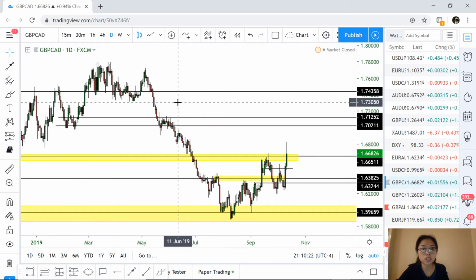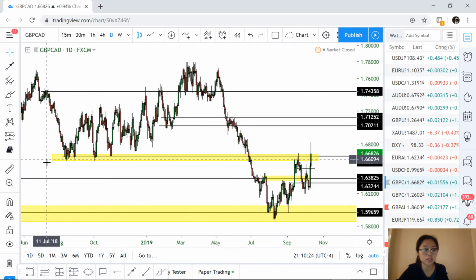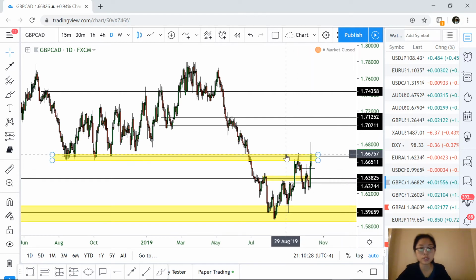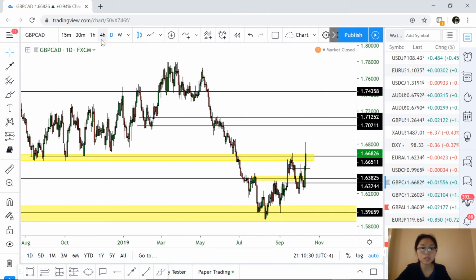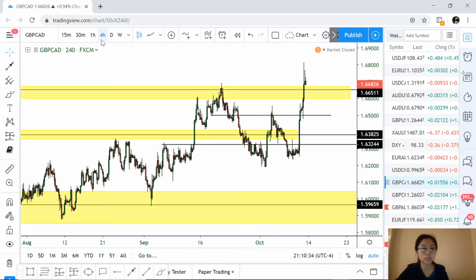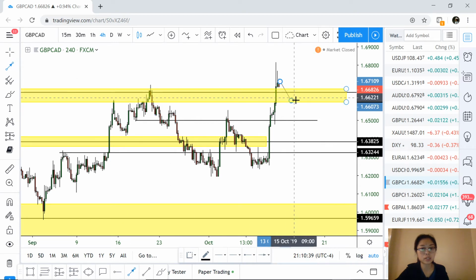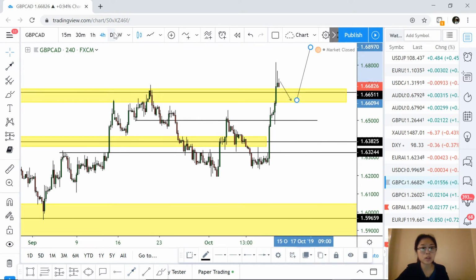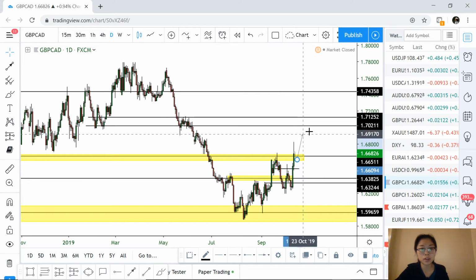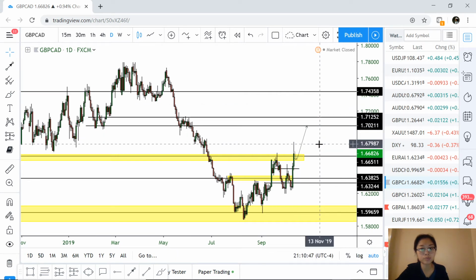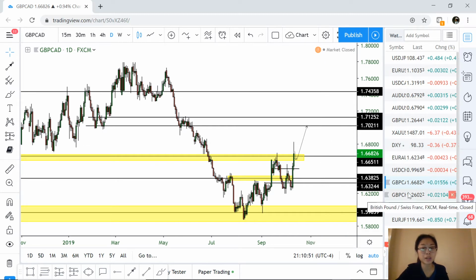I don't want to touch it yet because it's at an interesting price point. However, if the pound momentum continues this week, we can definitely see a retest before shooting up to my next zone at the 1.70. That's around 300 to 400 pips away, which is fine for a pair like the pound loonie.